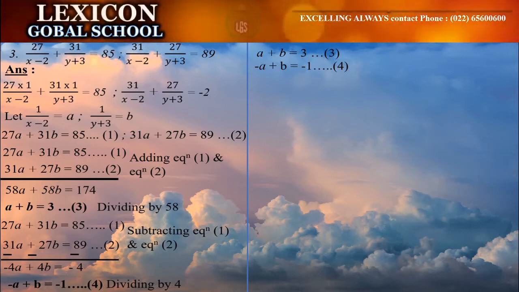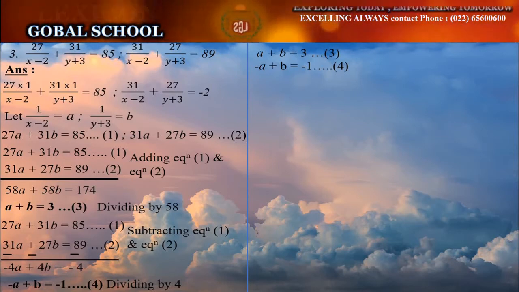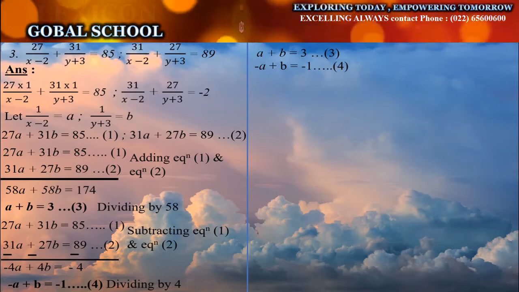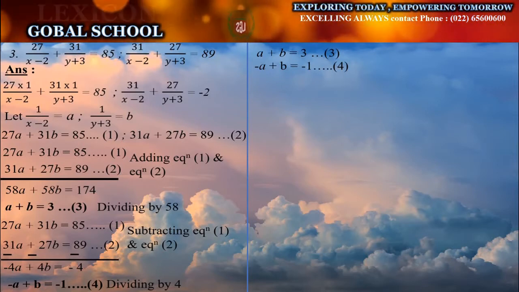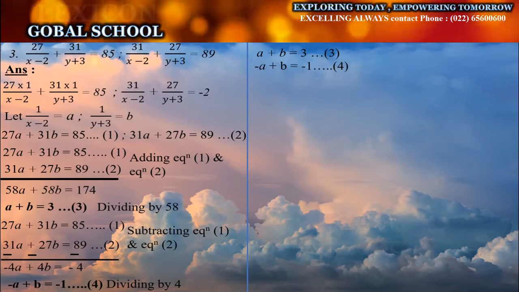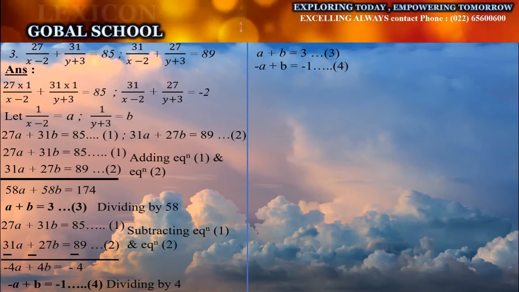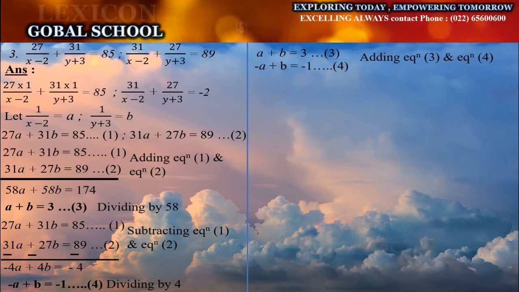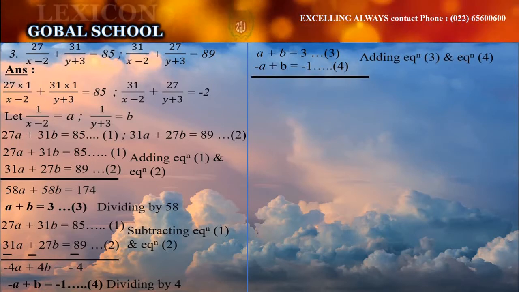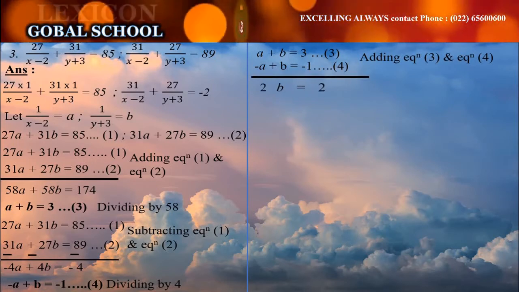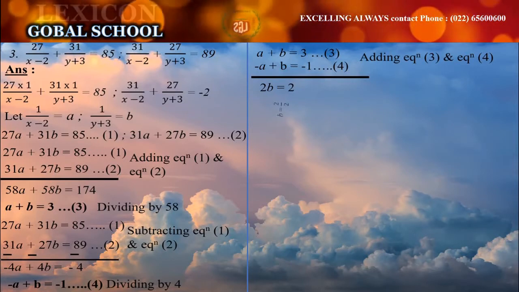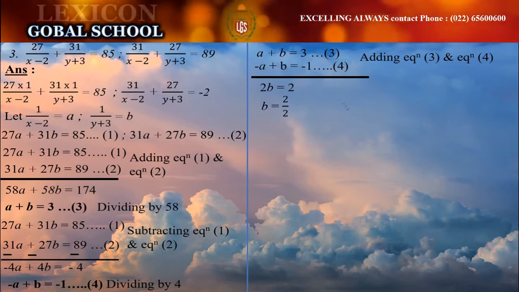The signs of the coefficient of a are different, as the first equation has a positive sign and the second equation has a negative sign. We can directly carry on the operation of addition. So we are adding equation 3 and equation 4. The variable a gets eliminated. 2b is equal to 2. b is equal to 2 upon 2. Therefore b is equal to 1.